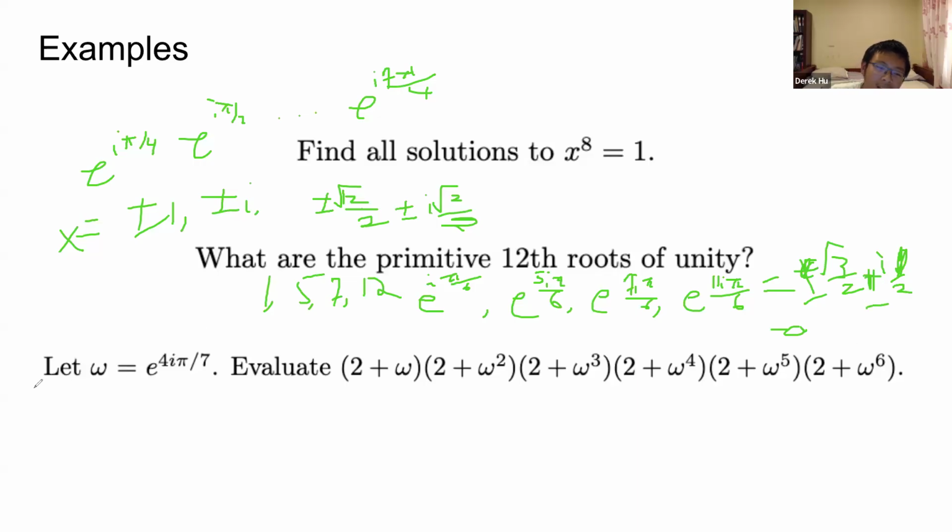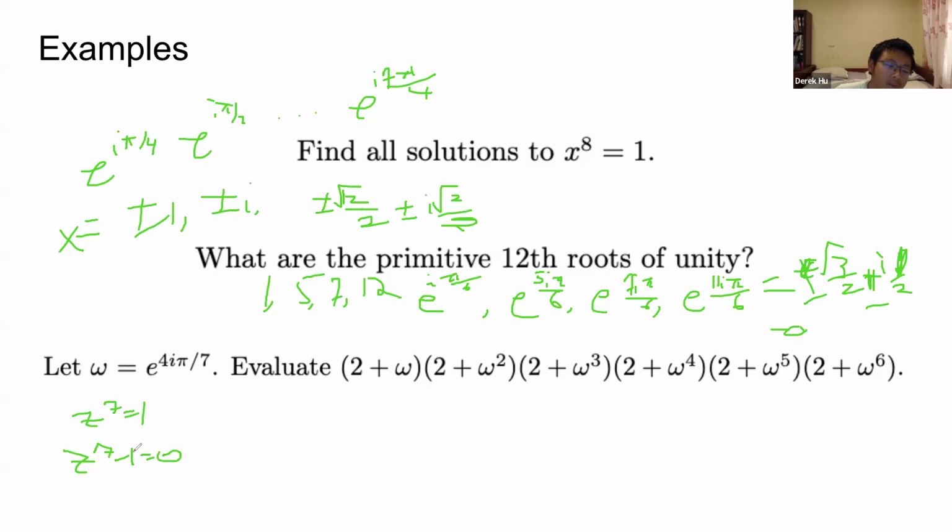And then for the last question, we have omega equal to e to the 4i pi over 7, and we need to evaluate this long expression. Since omega is equal to e to the 4i pi over 7, it's one of the 7th roots of unity. So omega is a solution of z to the 7th equals 1. We can rearrange this into z to the 7th minus 1 equals 0.